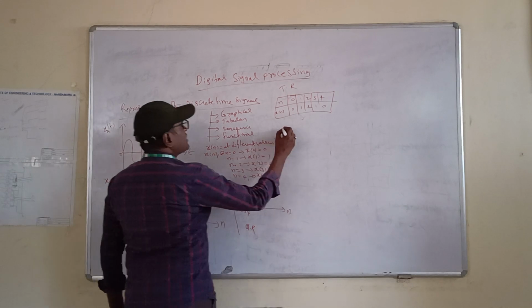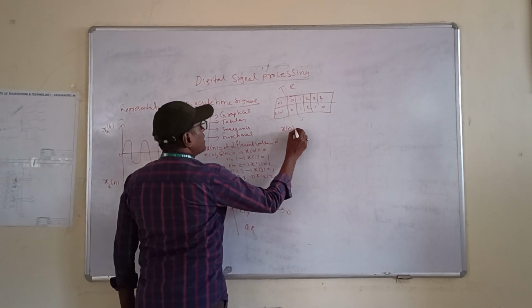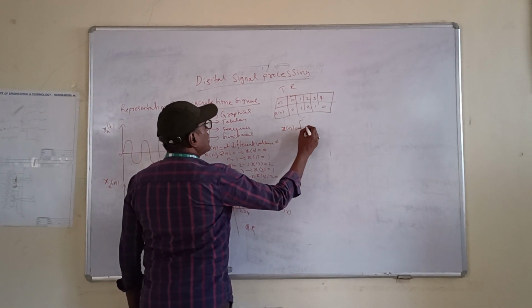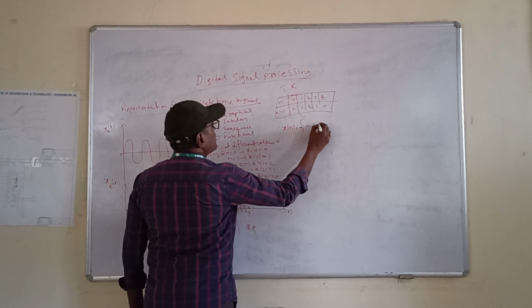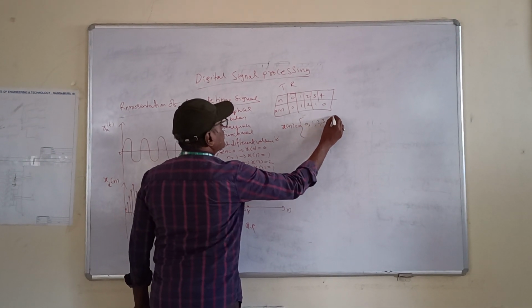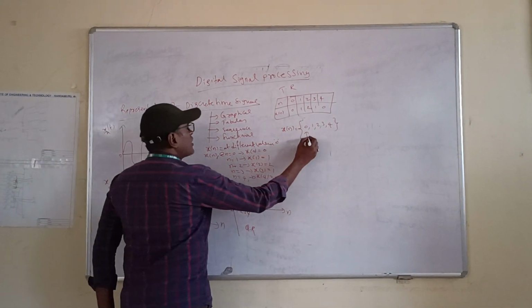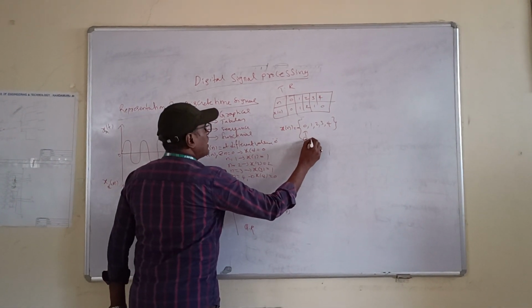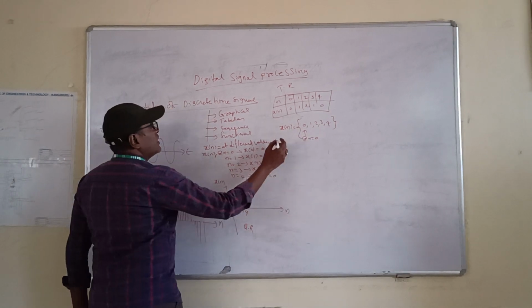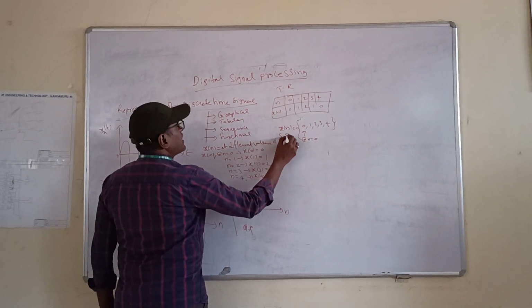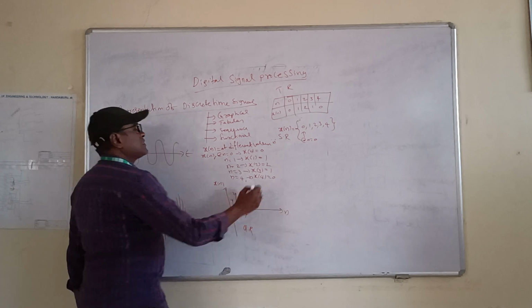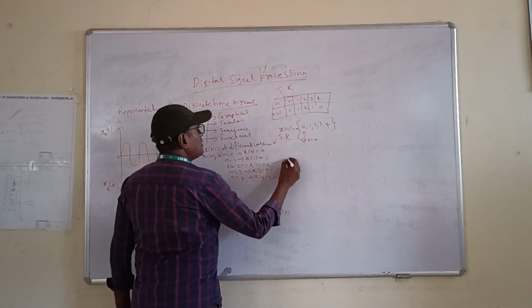Coming to sequence representation, x of n equal to 0, 1, 2, 1, 0 for n equal to 0, 1, 2, 3, 4. This is the way we indicate the sequence representation. The arrow indicates n equal to 0. Next, functional representation.